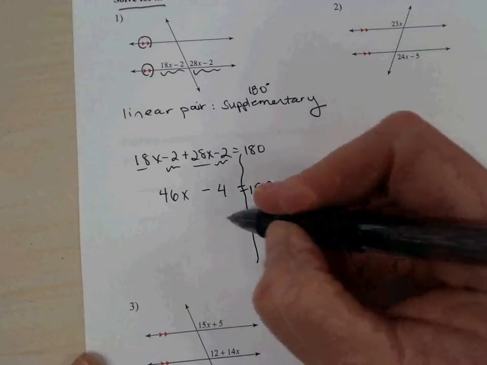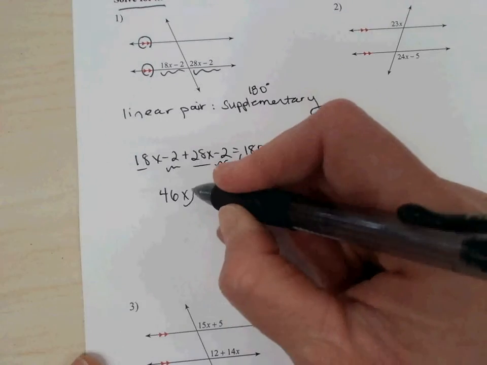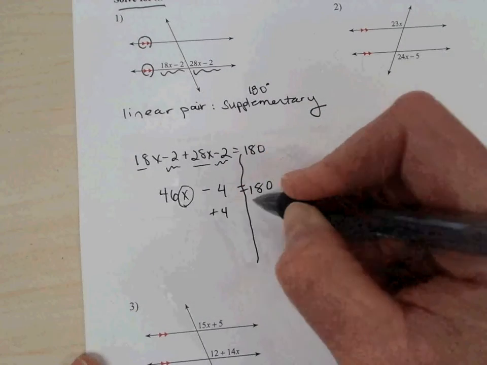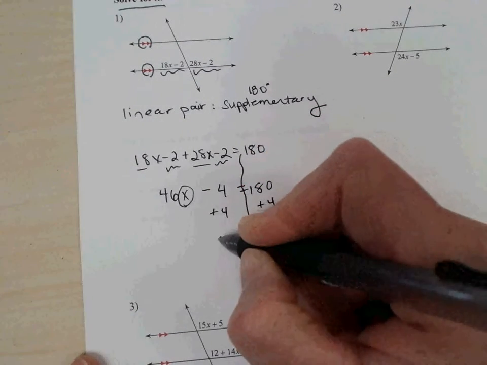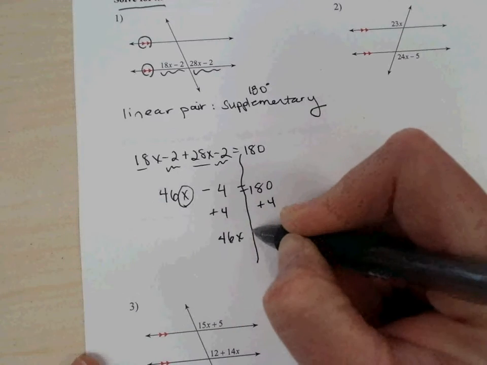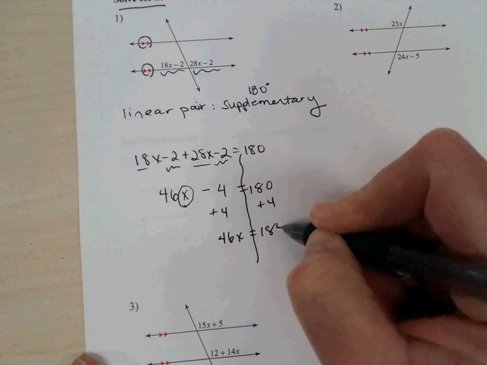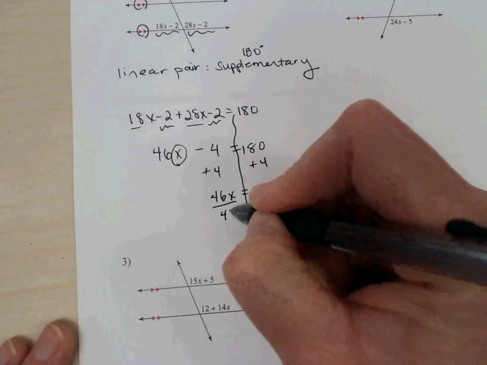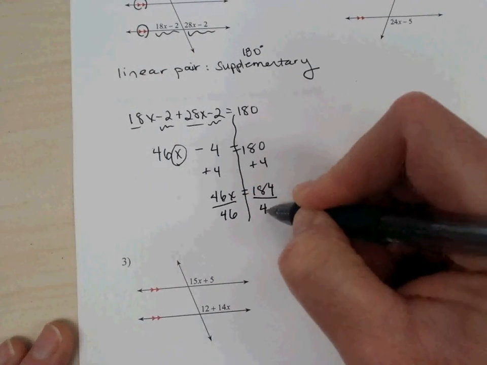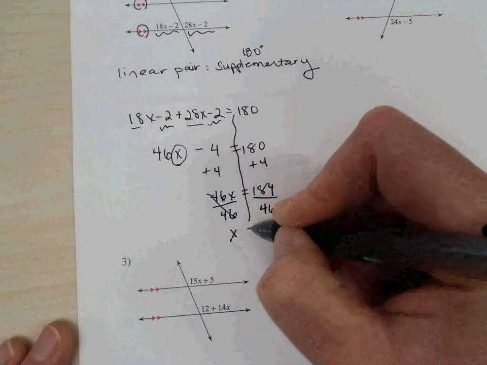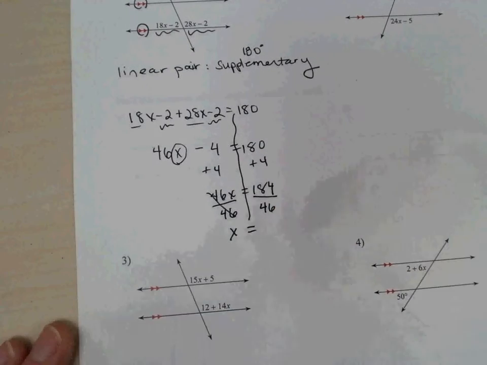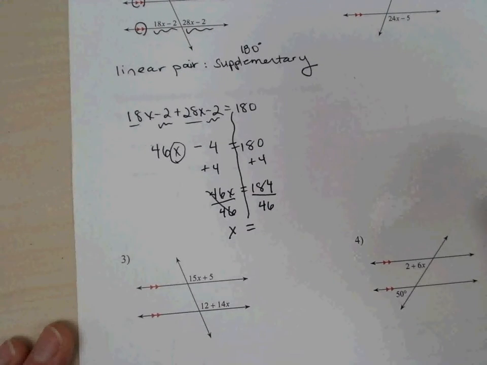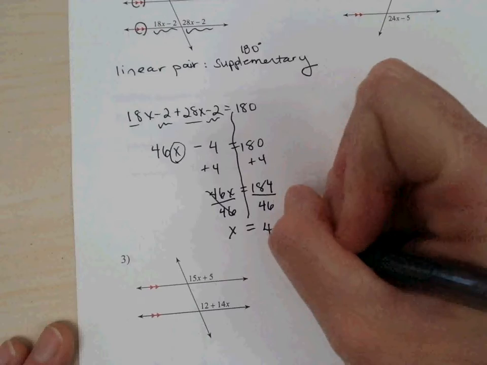Next step, aiming to get the variable by itself, we'll add 4 to both sides. So we have 46x equals 184. And lastly, divide both sides by 46. So x equals 4.